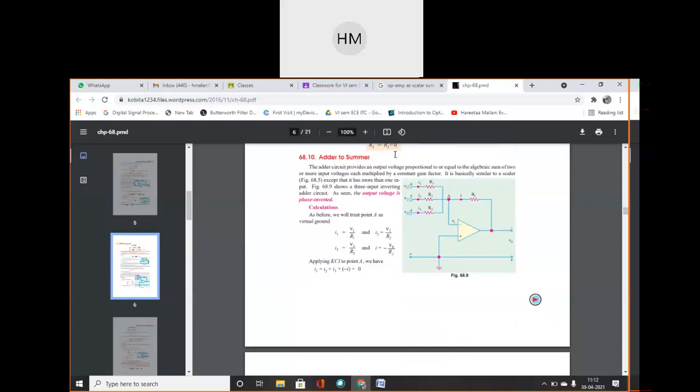Now adder or summer. What do we mean by adding and subtracting? We all know addition means adding 2, 3, 4, 5 waves. In a calculator, you are using addition, subtraction, multiplication, division, all the mathematical formulas, which we perform physically. We are performing it by using some device.